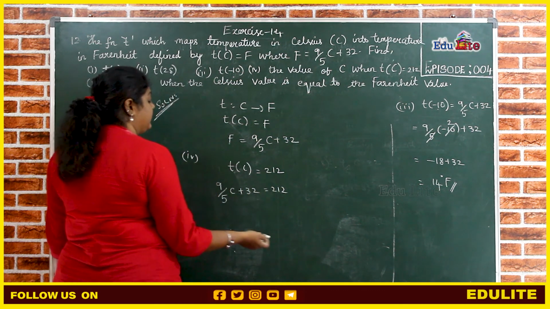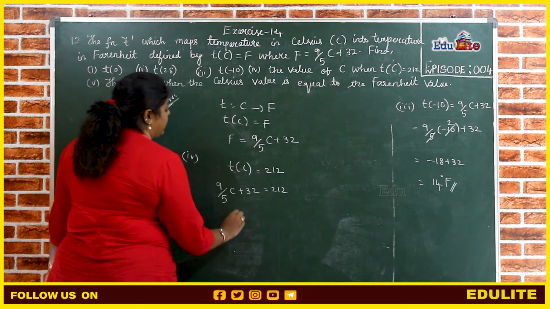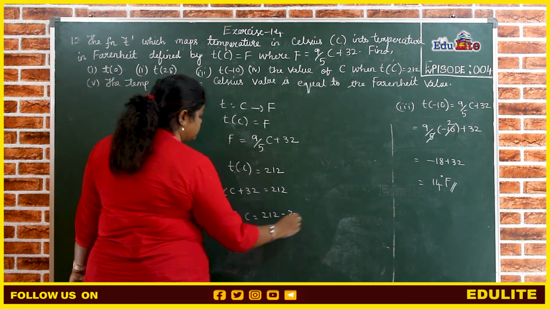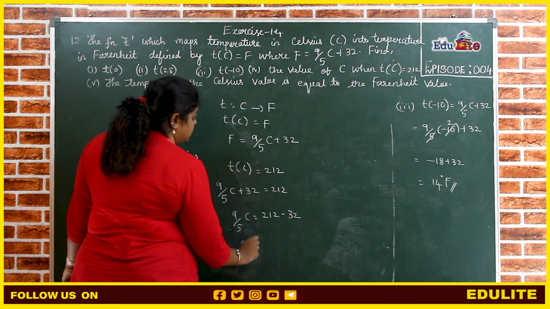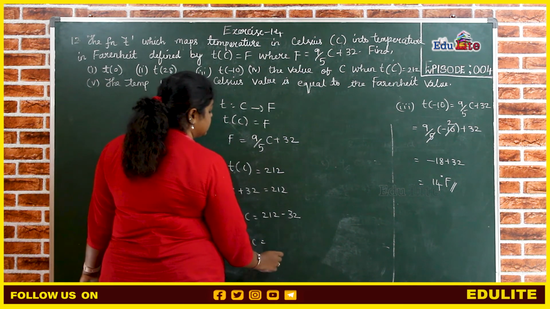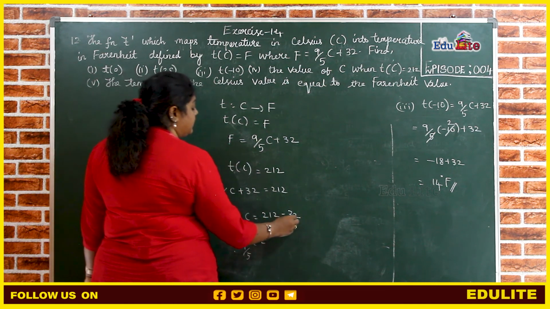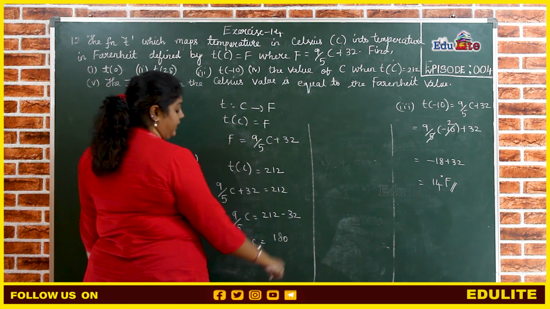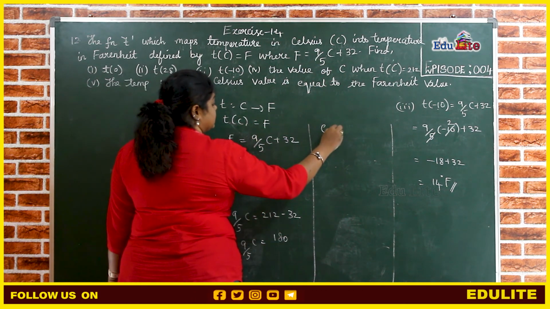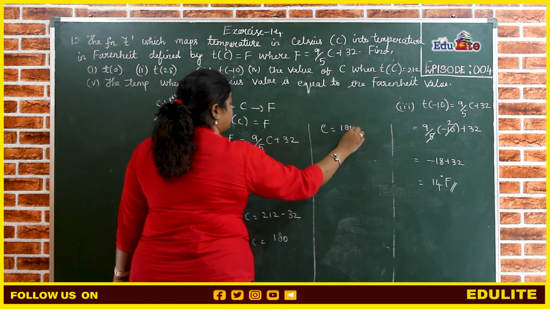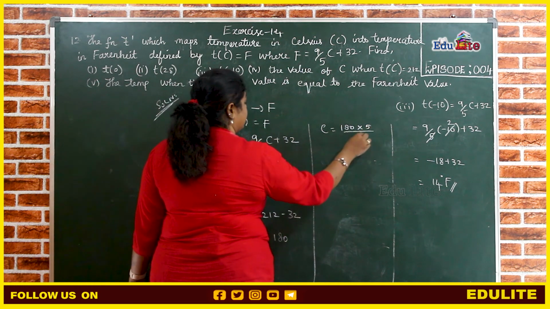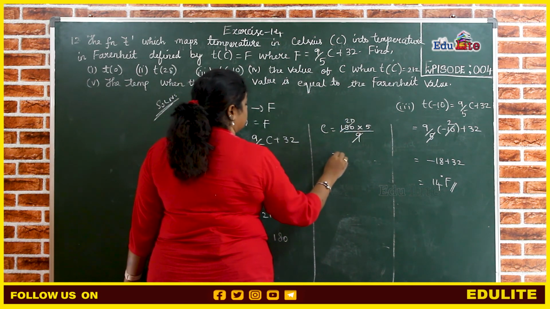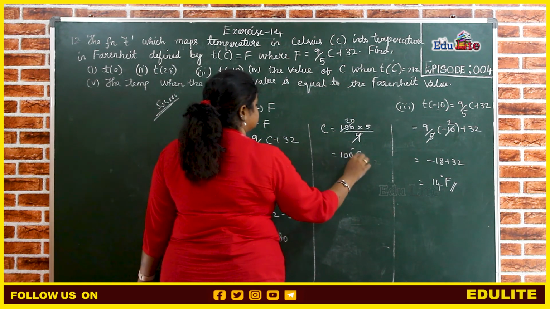We will simplify this, we can easily get the value of C. 9/5 C equals 212 minus 32, which is 180. If I reciprocate, this will come to the other side. C equals 180 into 5 by 9, which is 20 into 5. So, 100 degrees Celsius.